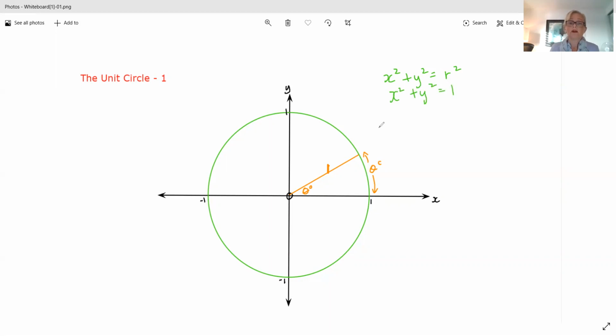Now, there are various ways that we can talk about the position of a point around the outside of this circle. We can talk about our coordinates, our x and y coordinates. All right. We've done that before. We've talked about the Cartesian plane, about the fact that how far across to the right or left you move is your x value, how far up or down you go is your y value, that sort of thing.